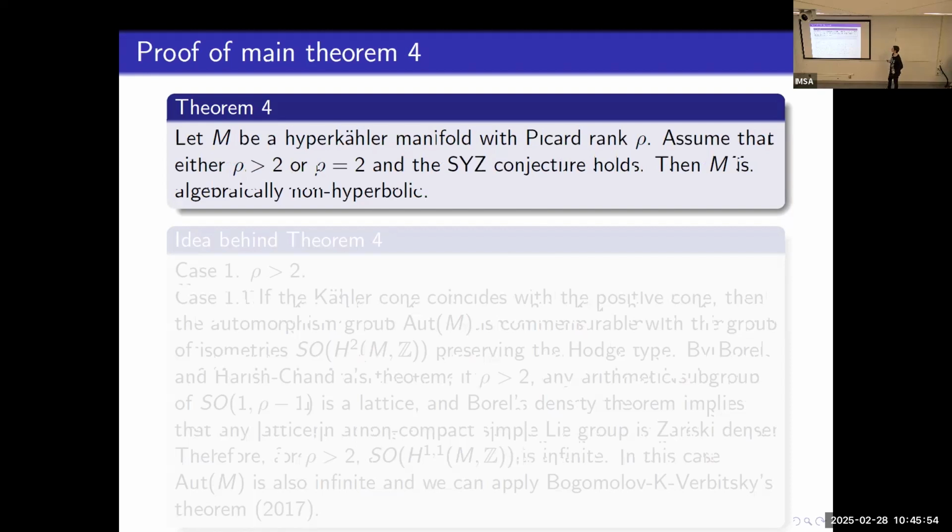Remember, we're proving that a hyperkähler manifold in the smooth case is algebraically non-hyperbolic if rho, the Picard rank, is bigger than 2, or if it's 2, we need the SYZ conjecture to hold. Of course, we suspect it's true also for Picard rank 1, but we don't know how to prove it.